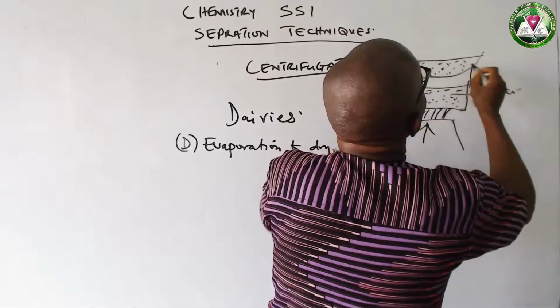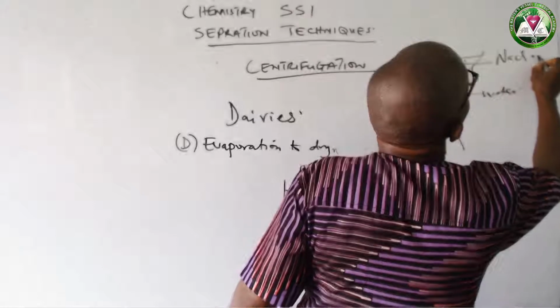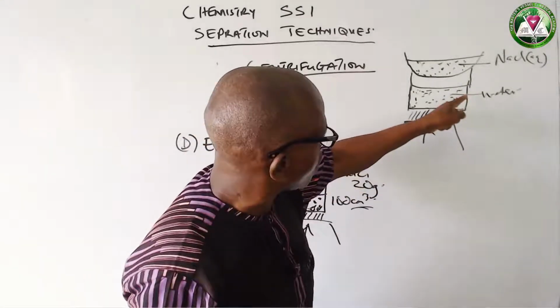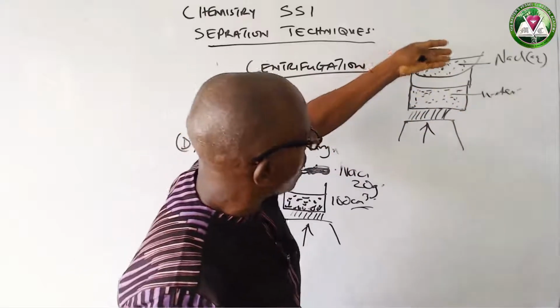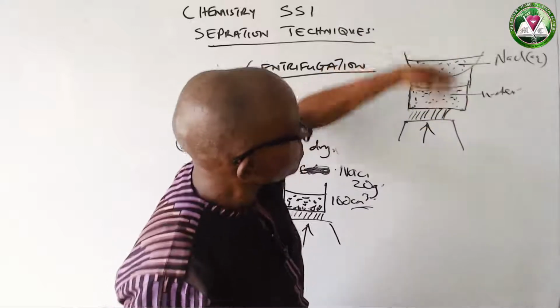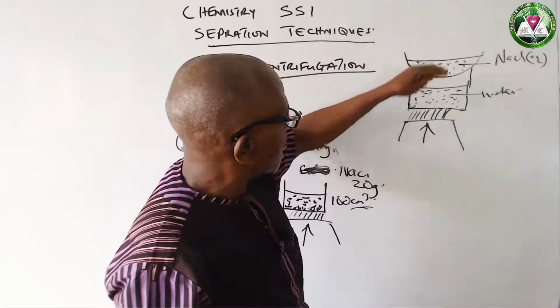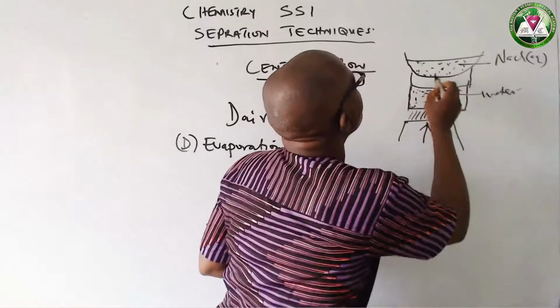And the water will be heating the solution. As you are heating the water, the hot water will be heating the solution. Therefore, in this solution, the water vapor will be expelled. At the end of it all, what you have here will be your sodium chloride.